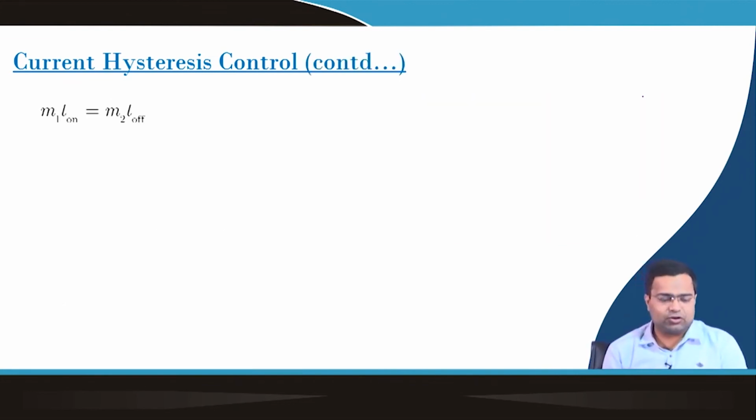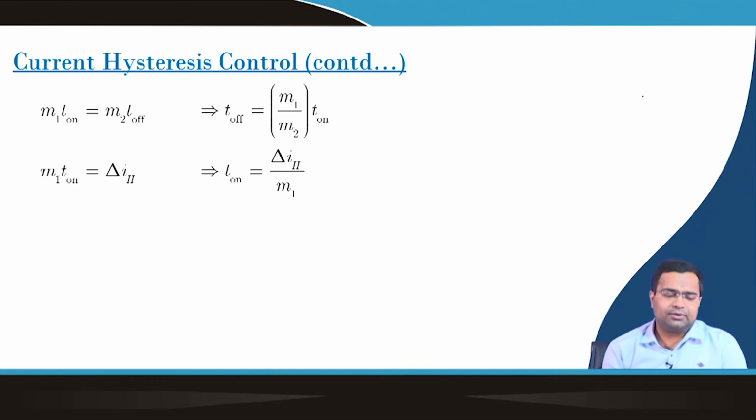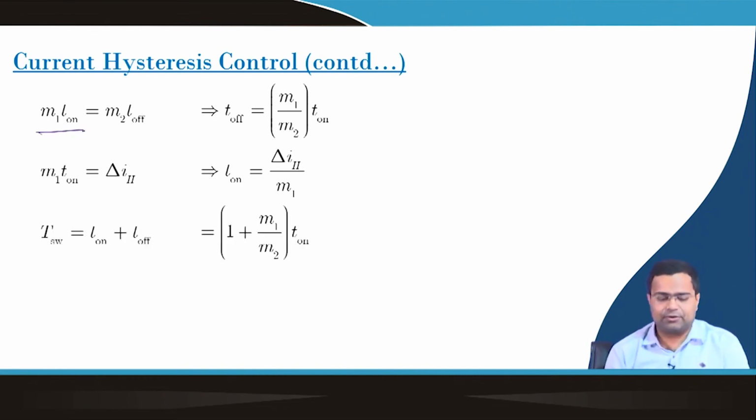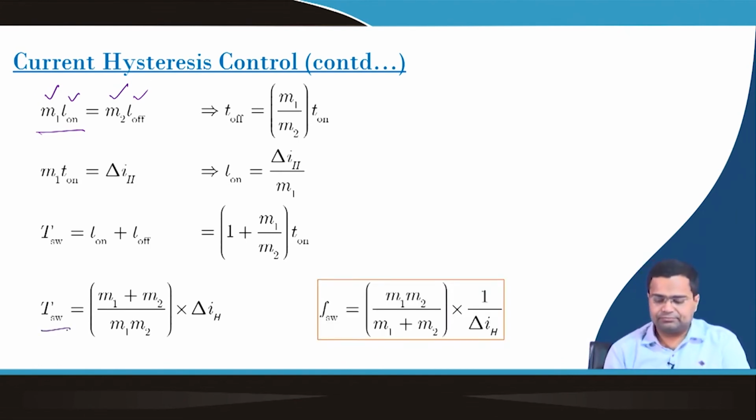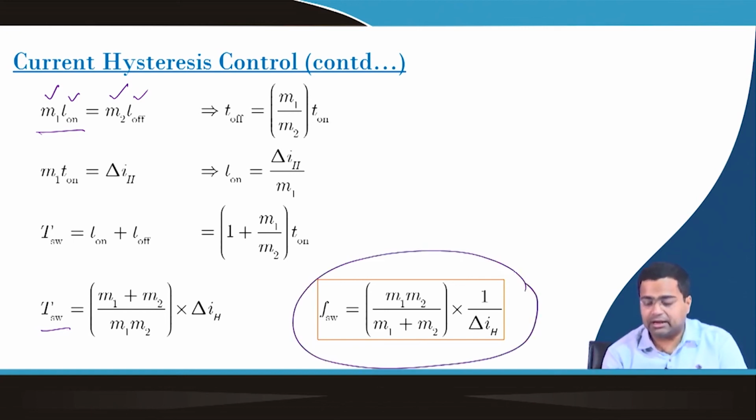So, for current hysteresis control we can derive, we know all these equations from the inductor current ripple. M1 is the rising slope of the inductor current, it is the on time, this is the falling slope and the off time, and we can derive the total time, and the frequency under current hysteresis control can be derived by using this formula, where this is the hysteresis band.